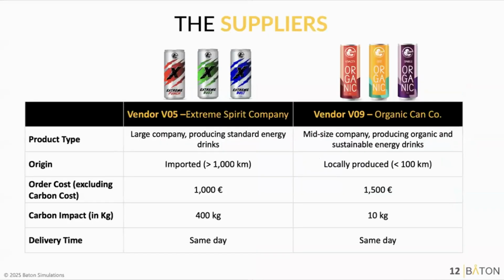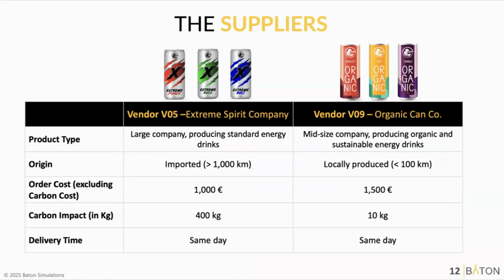What are we selling? We're launching a new organic energy drink line as part of our organization. We're selling 2 products. We're selling a regular extreme spirit, which comes in 3 flavors and which is sourced globally and which has a higher carbon footprint. And we're also selling our organic products because we've decided to increase our sustainability as an organization.